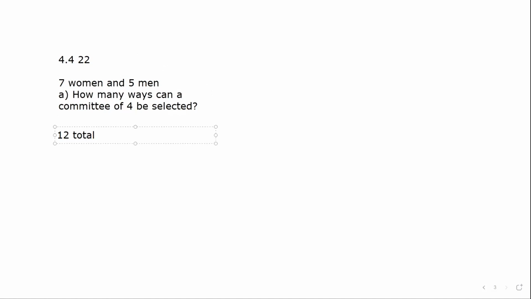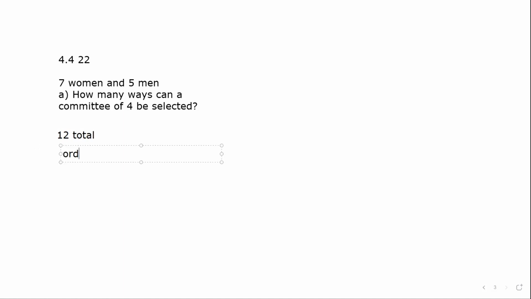And in this case, there aren't any restrictions. Now, if you're on a committee, this is the other thing, because you'll see this in some of the other problems. Sometimes the committees have positions: president, vice president, treasurer. If you have that, then the order matters, because me being the president would be different from you being the president, right? But if you don't have positions, then order doesn't matter here.